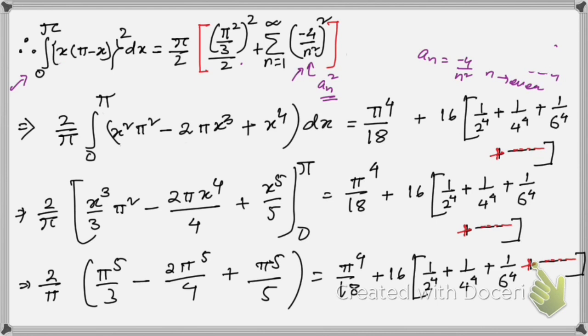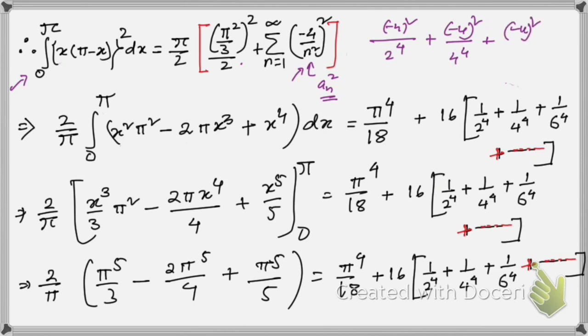Let me show you how to expand this. If you expand it, you will get minus 4 square by 2 to the power 4, since 2 square whole square gives 2 to the power 4, then plus minus 4 square by 4 to the power 4, the next even value, then minus 4 square by 6 to the power 4, and so on.